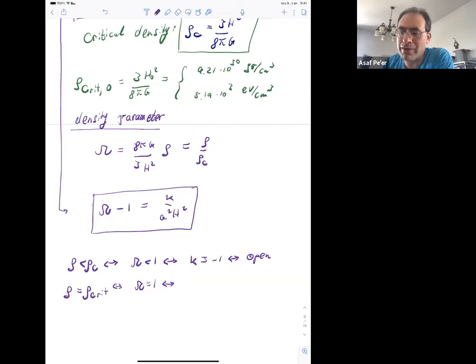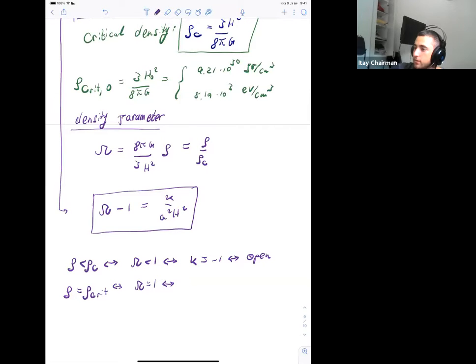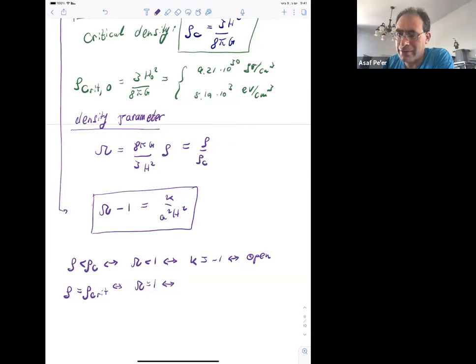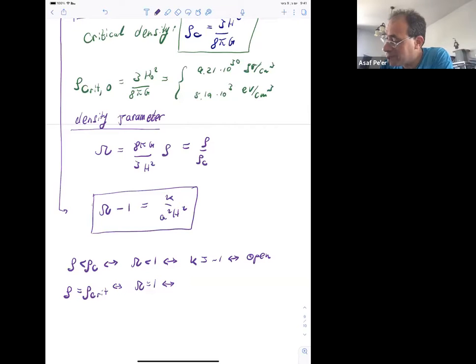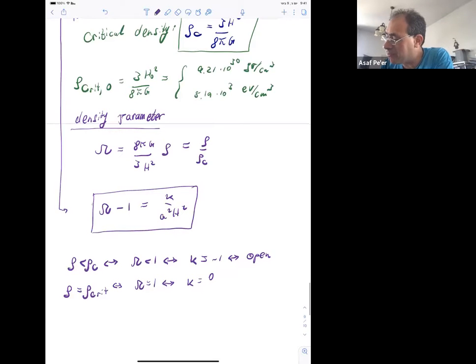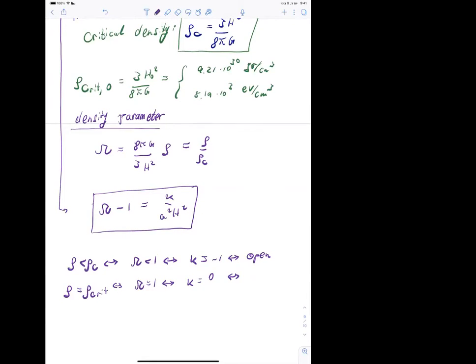If omega is 1, then omega minus 1 is 0, so k has to be equal to 0. So what does it mean about the universe? Flat.